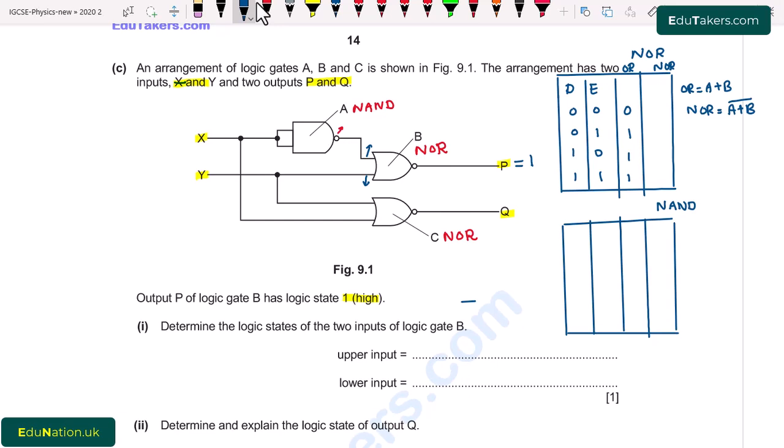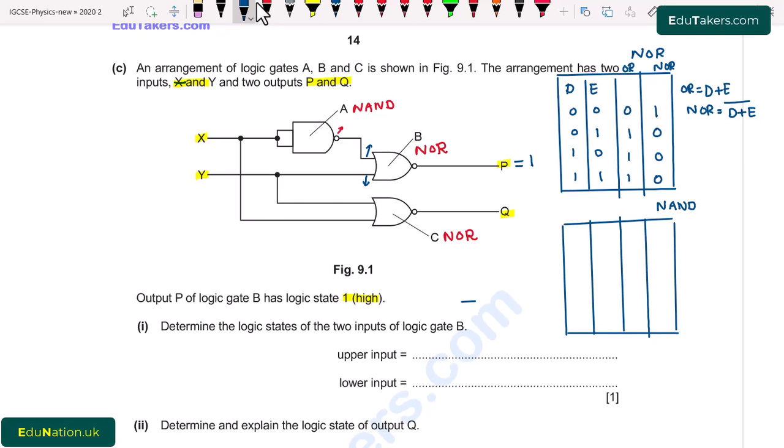So here I represent the inputs by D and E. So I write here D and E. R is equal to D OR E. So this is OR gate, and this is NOR gate. The output comes to be 1 0 0 and 0.